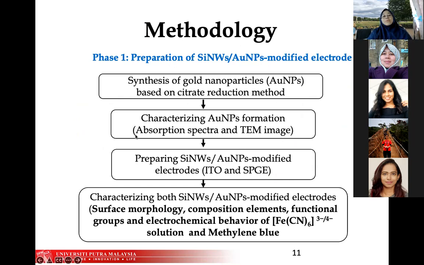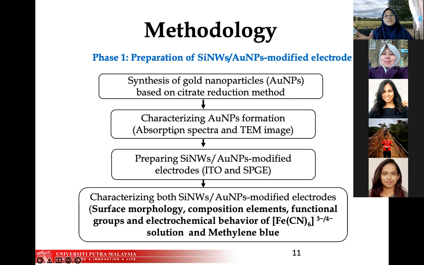And then for you to confirm that you have gold nanoparticles, you wish to do UV-vis analysis as well as morphological study. And then the next thing you want to do is preparing silicon nanowires, gold nanoparticles, modified electrode, followed by the characterization. Because you have done research design, you know what to do next.